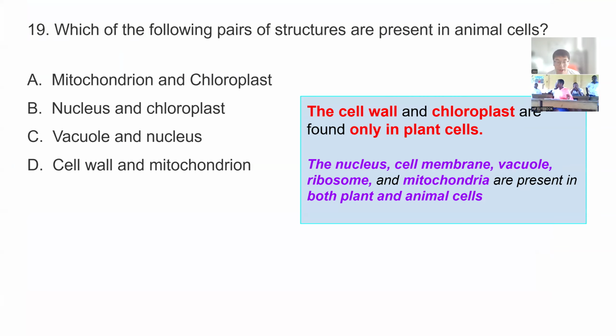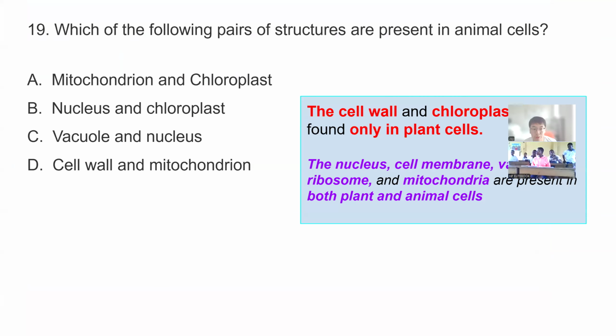If a question asks you, which of the following pairs of structures are present in animal cells only? Does anyone know the answer?